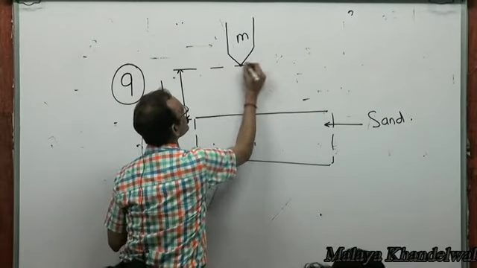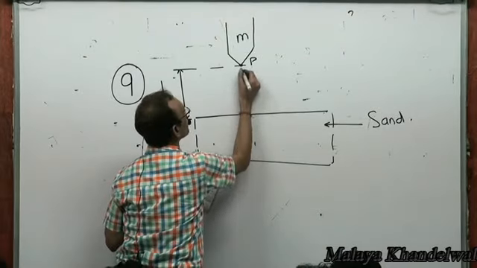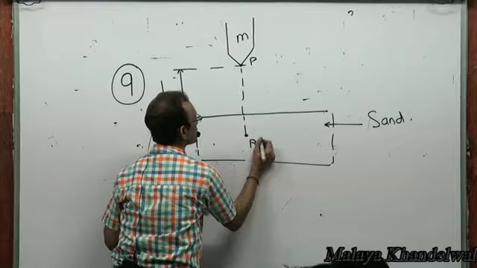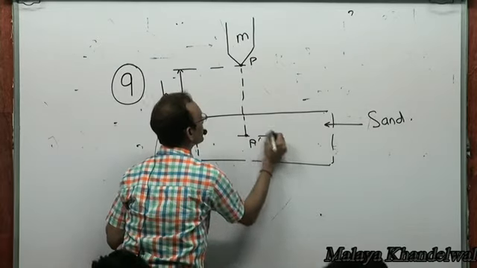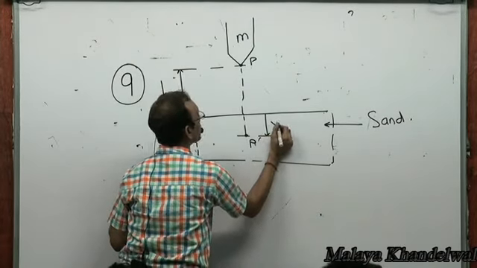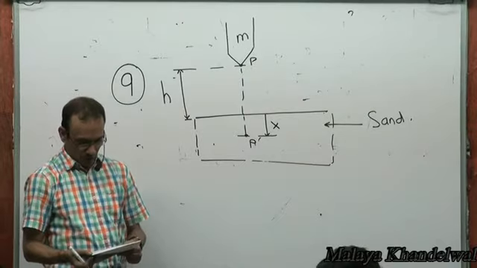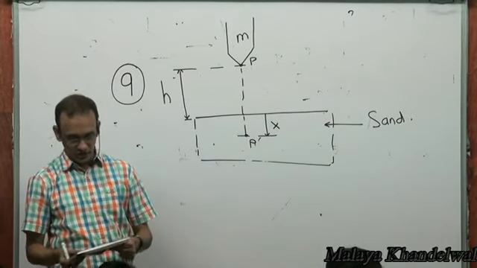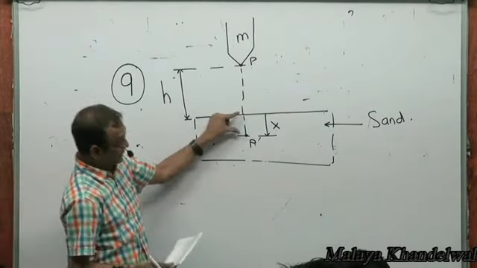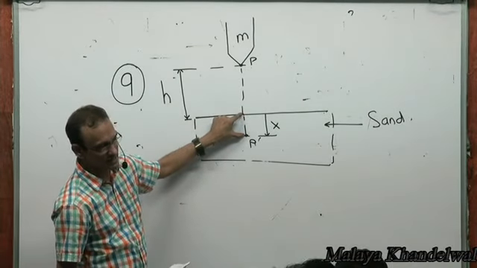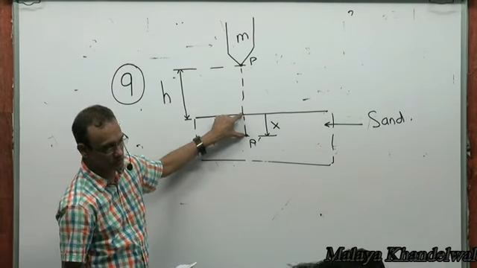And the nail, that means this point P, penetrates by an amount x. P reaches P prime and it penetrates by an amount x into the sand. We want to find the average resistance of the sand and the time of penetration of the nail into the sand. That means the time taken to cover this length, the time of penetration in the sand.